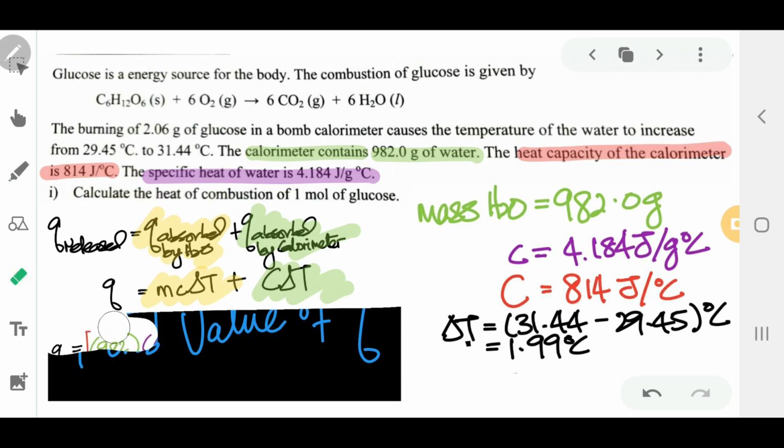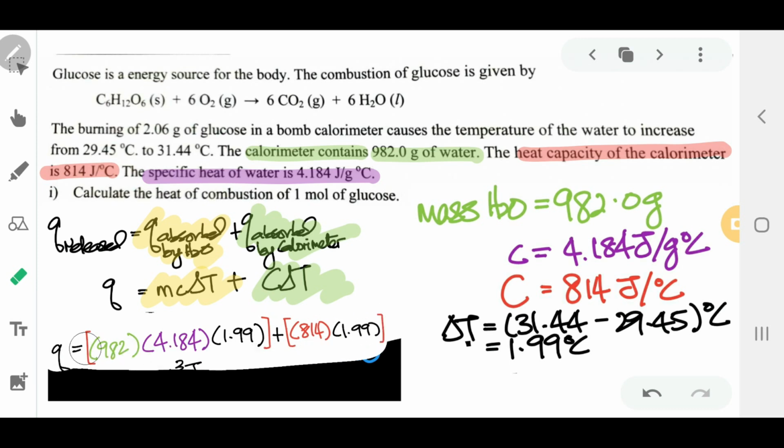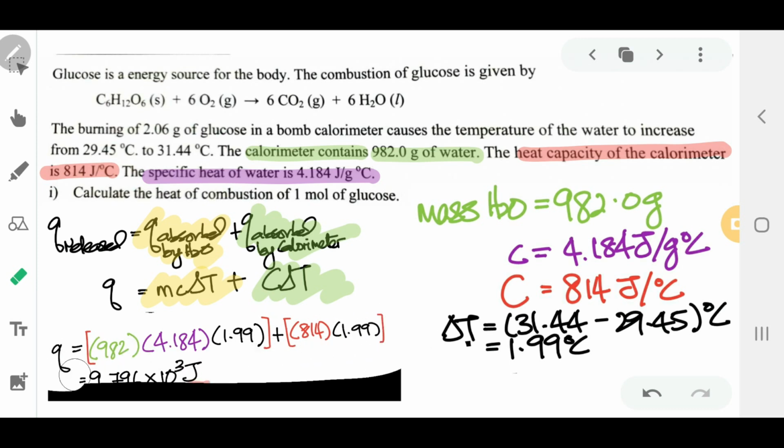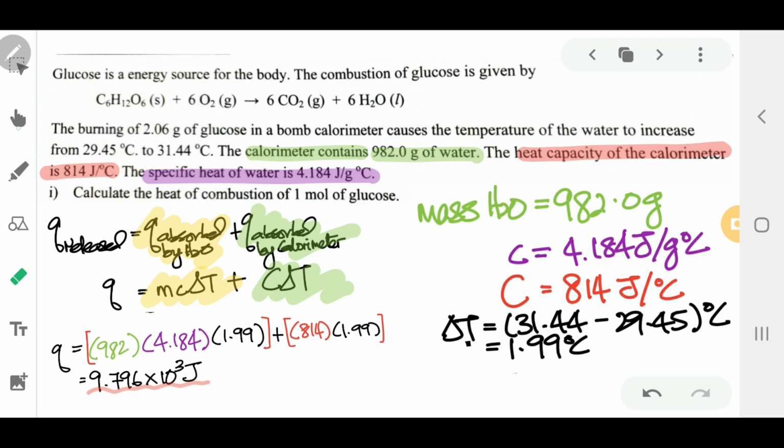So when you substitute all the values inside, you get something like this, and the Q, the heat that we are looking for through this calculation, is 9.769 times 10 to the power of 3 joules. When you get this, you get 1 mark.